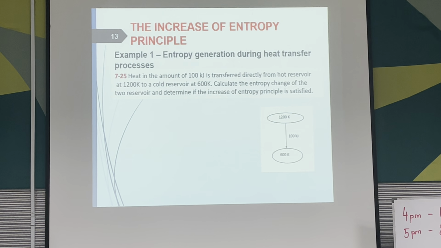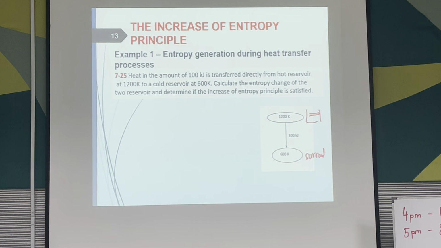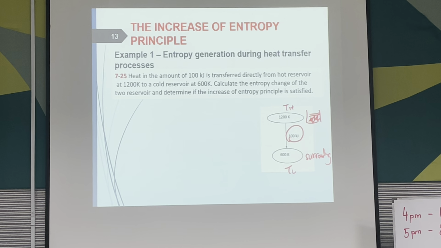So this is actually pretty much like what we saw just now. So let's assume that this is that system that we saw just now, and this is the surrounding. It's the same thing actually, but we are assuming that the temperature doesn't change here. So the entropy change from this TH, this TL, you see both of them have the same temperature, right?